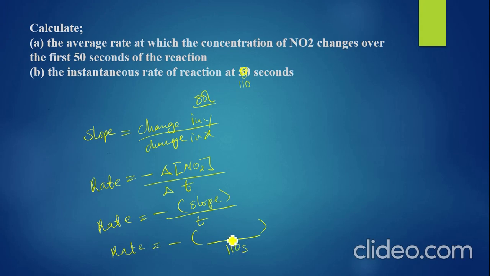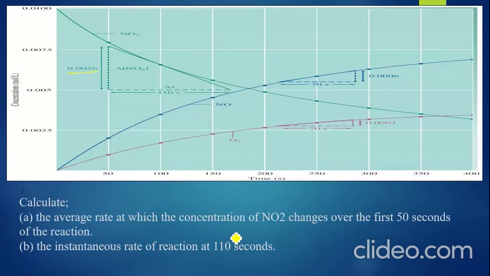Now let's go to the graph in order to determine the y variable, which is the concentration. So here you come at 110. So this is 100. You come here, go up to the curve, and this curve here is the one for nitrogen dioxide. Don't forget that you obtain it for nitrogen dioxide, not for nitric oxide or oxygen.